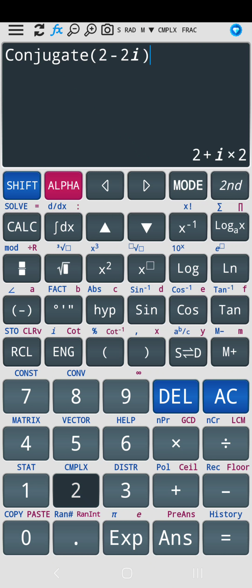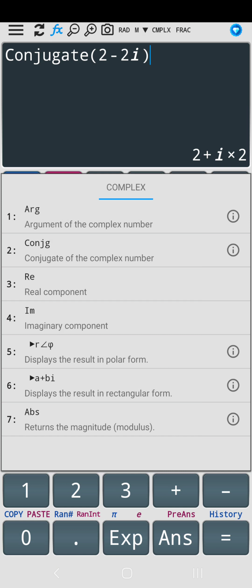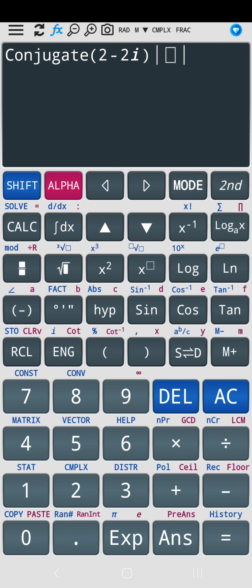Got it? Suppose I want the absolute value. Let me delete this.